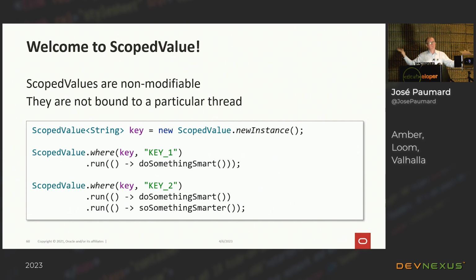So it's probably a public static field or something, right? And when you bind it, you call where, bind key to key one, run the doSomethingSmart runnable, and all code that is called under doSomethingSmart will have access to the key one value bound to this key scope value. Okay?